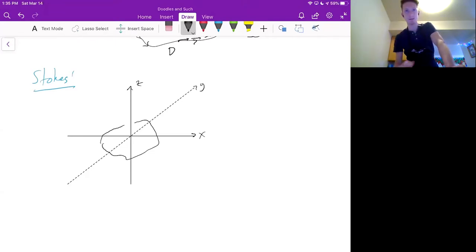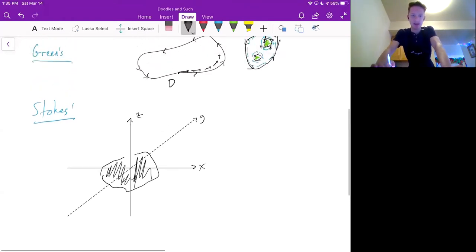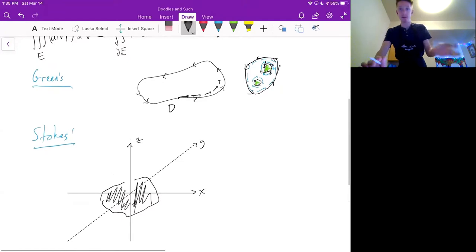Imagine I'm drawing this region in the xy plane, this region here.